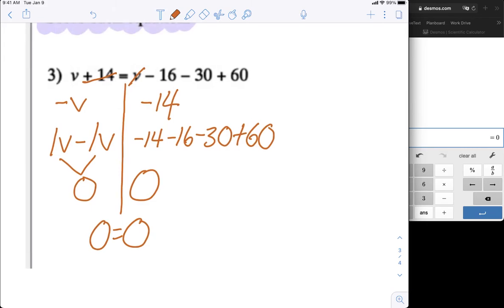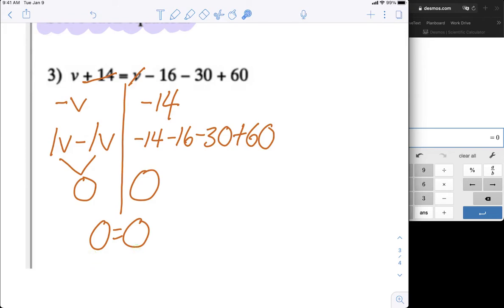Everyone, that means that any number that I put into this V and this V will make these two sides equal. If I put in a 1 and a 1, these two sides will be equal. If I put in 1,000 and 1,000, these two sides will be equal. If I put in negative 432, negative 432, these two sides will be equal.